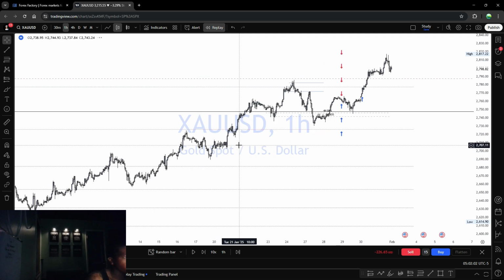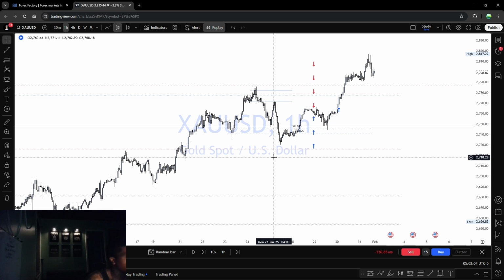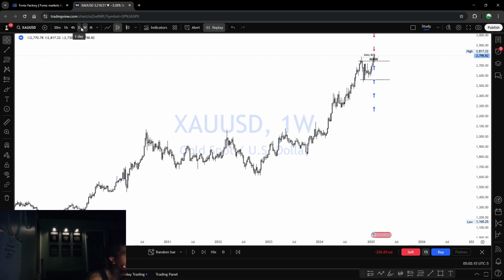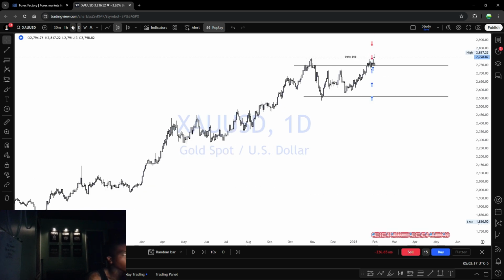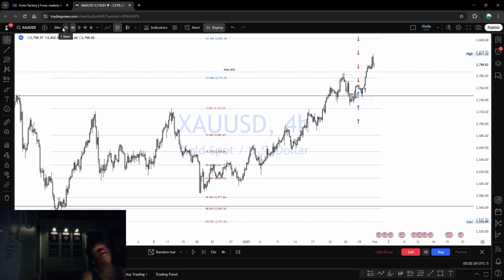Okay. So I guess the thing to take from this is, overall, remember what price is doing on major structure. We had this weekend as a break of structure, and after you have a break of structure, you have a correction before the continuation.